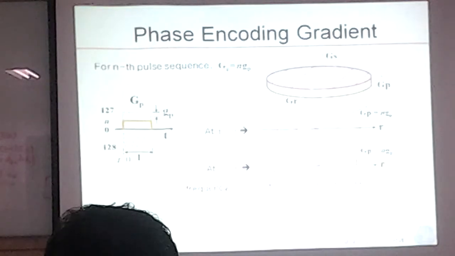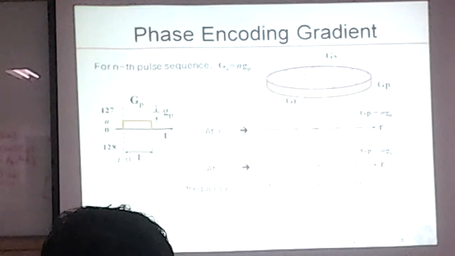This slide shows the spin movement according to the phase encoding gradient. So assume the phase encoding gradient with a yellow waveform, and the applied gradient is shown here. Then this spin diagram is written at time t equals 0, just before the phase encoding gradient is applied here.